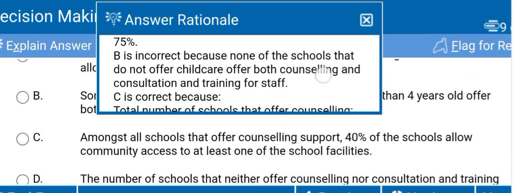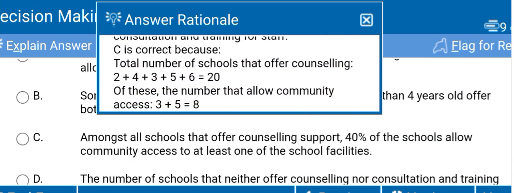Then we have option C, which is correct because the total number of schools that offer counseling, 2 plus 4 plus 3 plus 5 plus 6 equals 20.